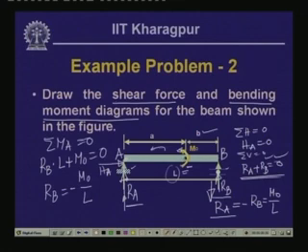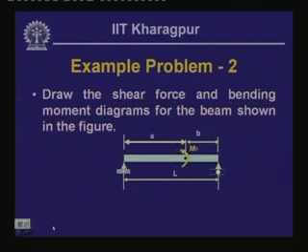Now, here we have two segments, one from here to here, and from this point to this point another segment. If we take the free body diagram in these two segments, keeping in mind that Ra is equal to M0 by L and Rb is equal to minus M0 by L, let us see what happens to the shear force and the bending moment diagram.